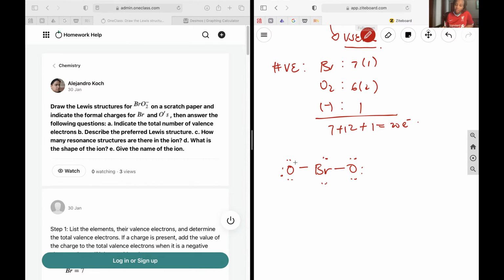Okay, so with this configuration, I have 6 by 2 on lone pairs on each of the oxygens, plus 4 lone pairs on my bromine, plus 4 in the 2 bonds. And so that's going to give me 8 plus 12, which is indeed 20 electrons.